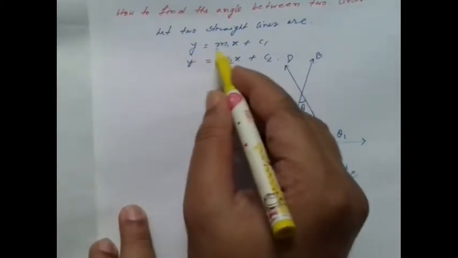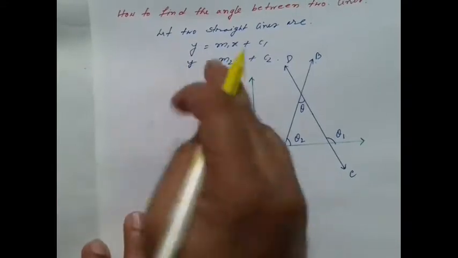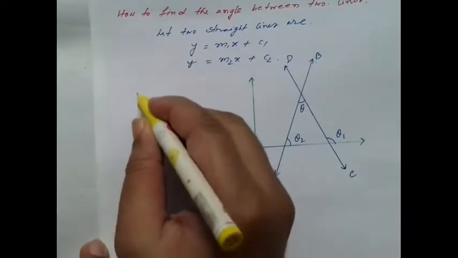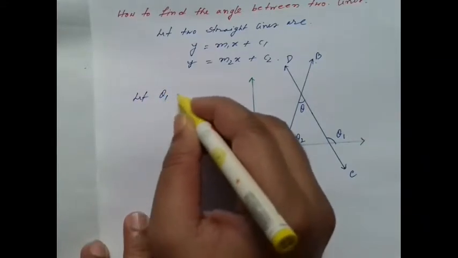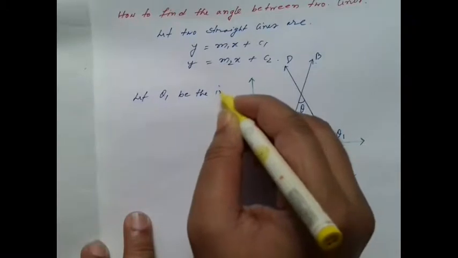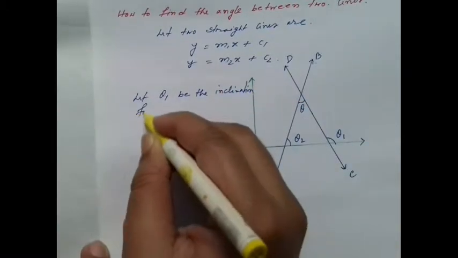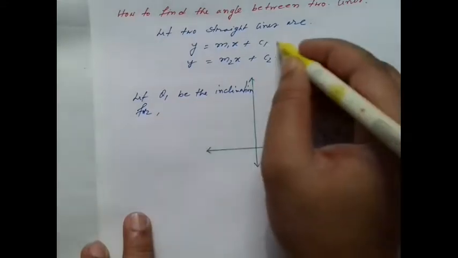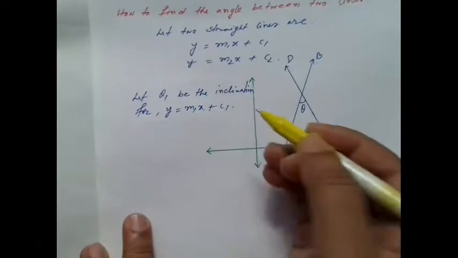Okay, so from the equation y equal to m1x, we can say that theta 1 is the inclination for this. So we can say let theta 1 be the inclination for y equal to m1x plus c1.